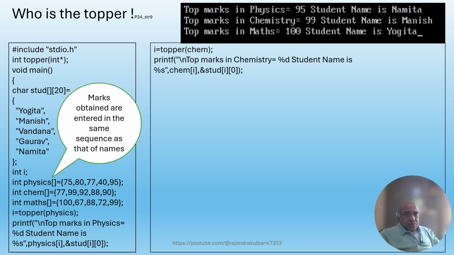Then we call another function, i is equal to topper(chem). So we are sending to the same function topper, in this call, the address of the array named chem, which contains the marks obtained by these 5 students in the subject chemistry.